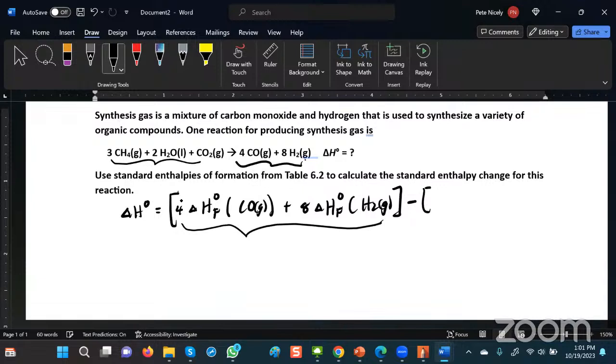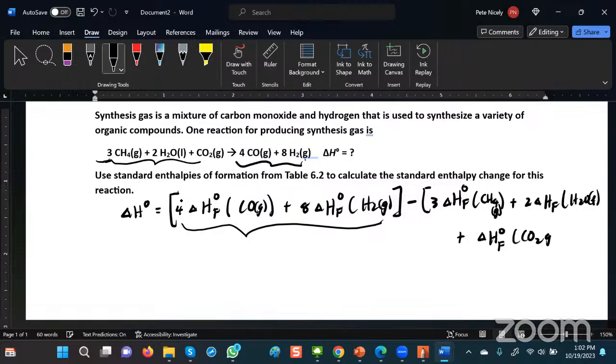So for the reactants, we have 3 as a coefficient here. So 3 times the enthalpy of formation of methane, which is CH4 gas, plus 2 times the enthalpy of formation of H2O liquid, and then plus the standard enthalpy of formation of CO2 gas.